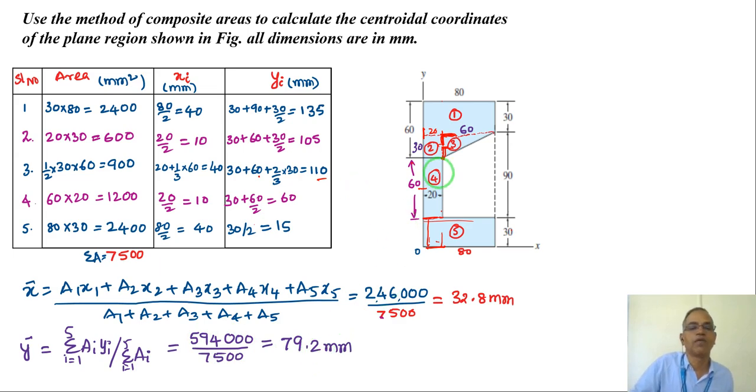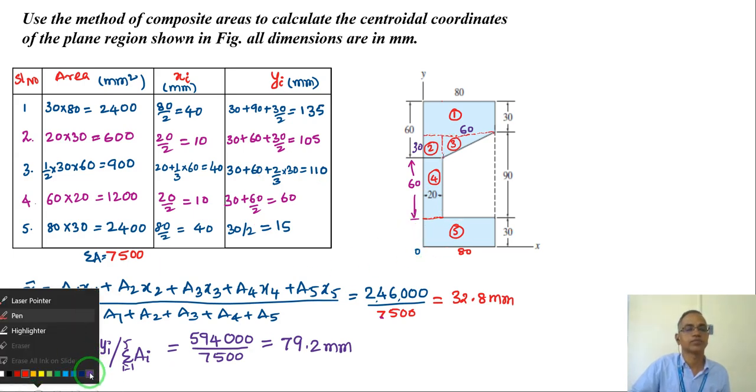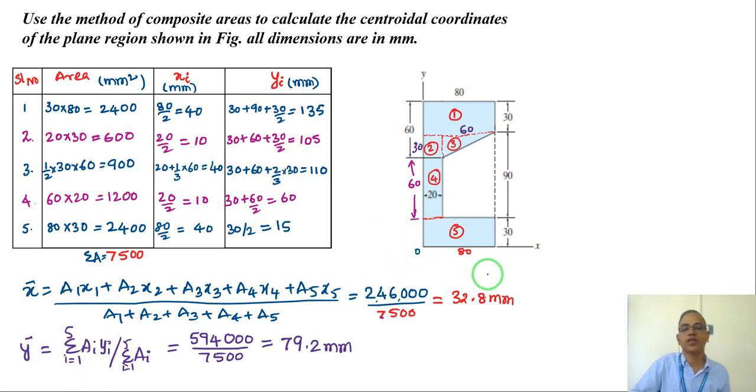So this I will mark from here. I can mark the coordinate somewhere in the x direction, 32.8. That means this is 80, so the middle is 40, somewhere here on this line.